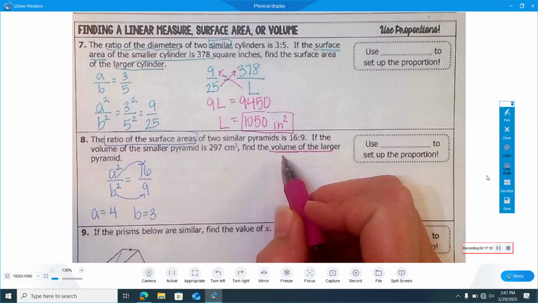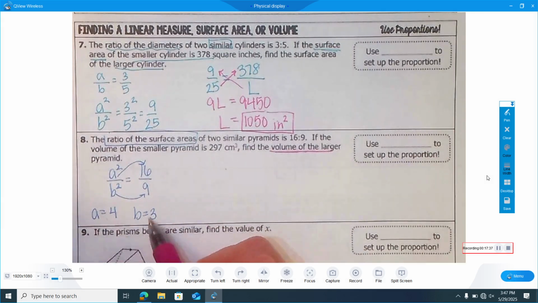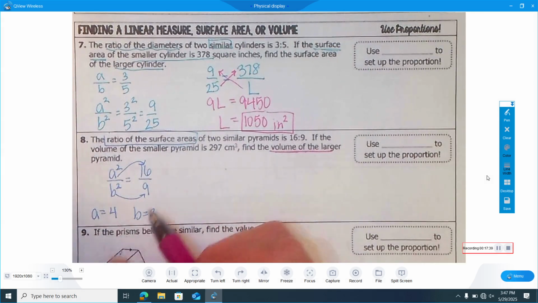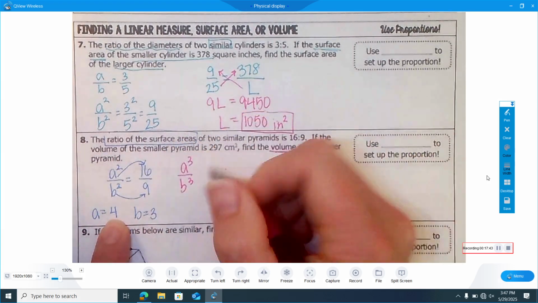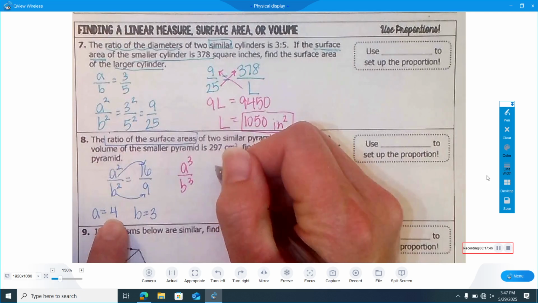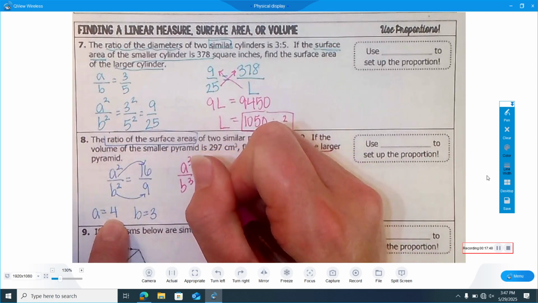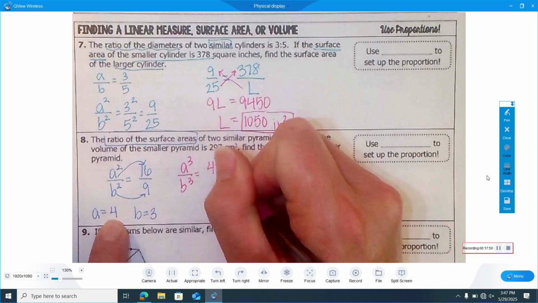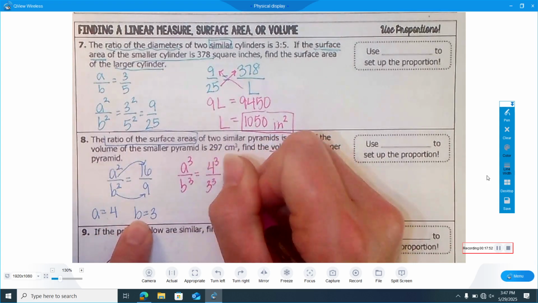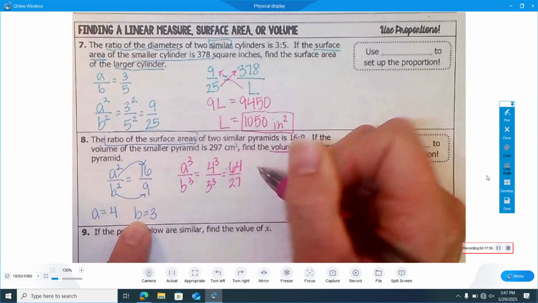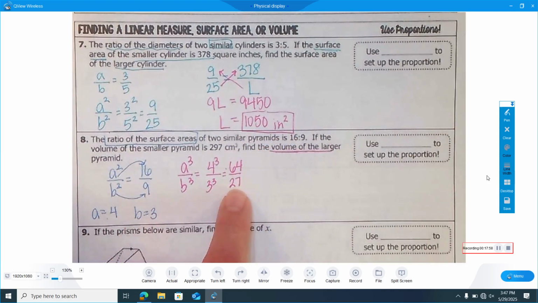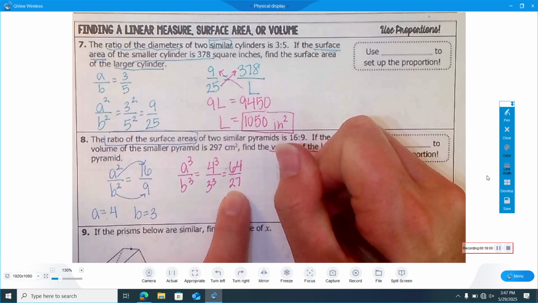So I need to use a volume ratio. My volume ratio is a cubed over b cubed. So my a cubed would be 4 to the third, and my b cubed would be 3 to the third. 4 cubed is 64. 3 cubed is 27. So I'm going to use this ratio to help me find my volume.